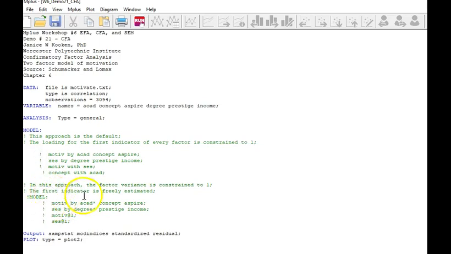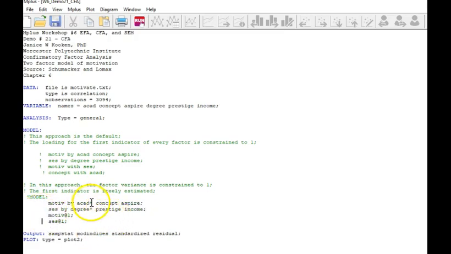Now I want to take the second approach for setting the metric, and that is the factor variance method. In the factor variance method, the factor variance is constrained to 1, but the first indicator, instead of being constrained to 1, is freely estimated. So I'm going to take out all of those.